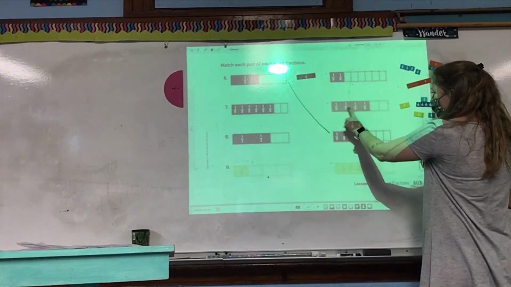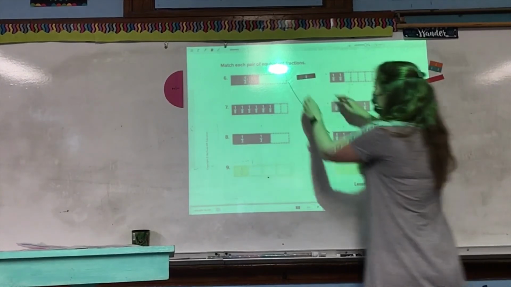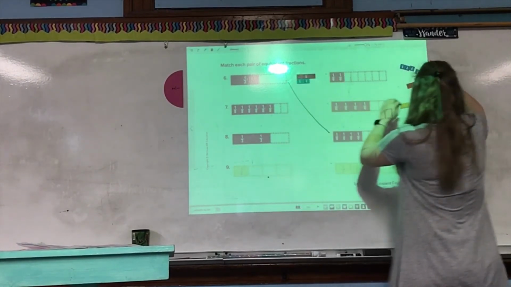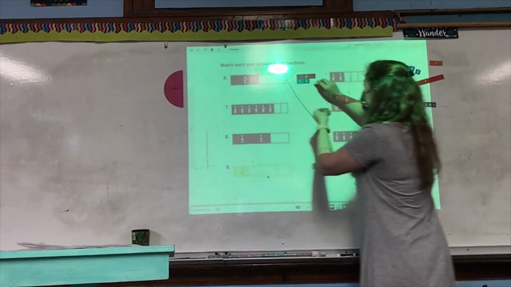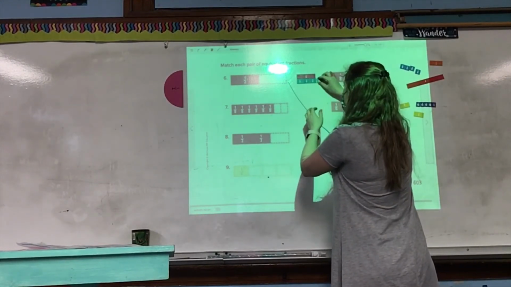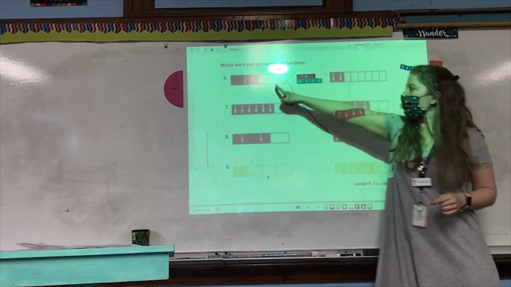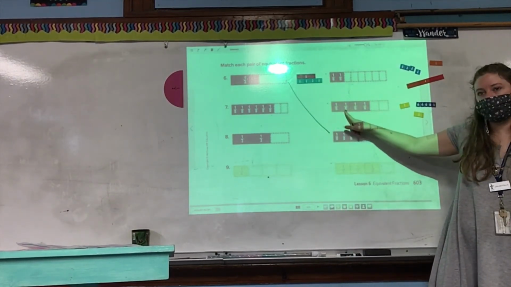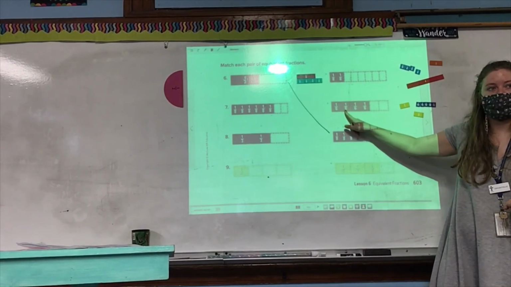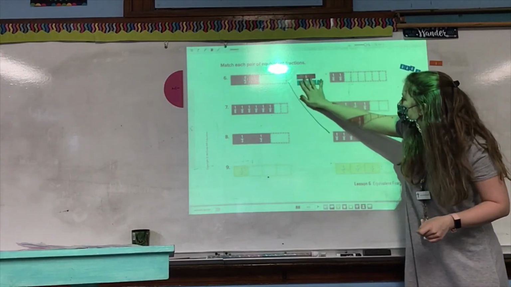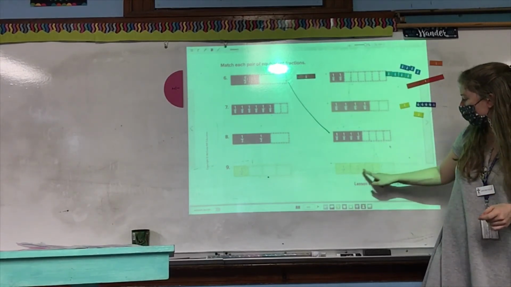So here I have 1, 2, 3, 4, 6. So I'm going to see if they match. Does 1/2 and 4/6, are they equivalent? No, look at all this extra space. So I know that's not a match. Now let's try 1, 2, 3, 4ths.